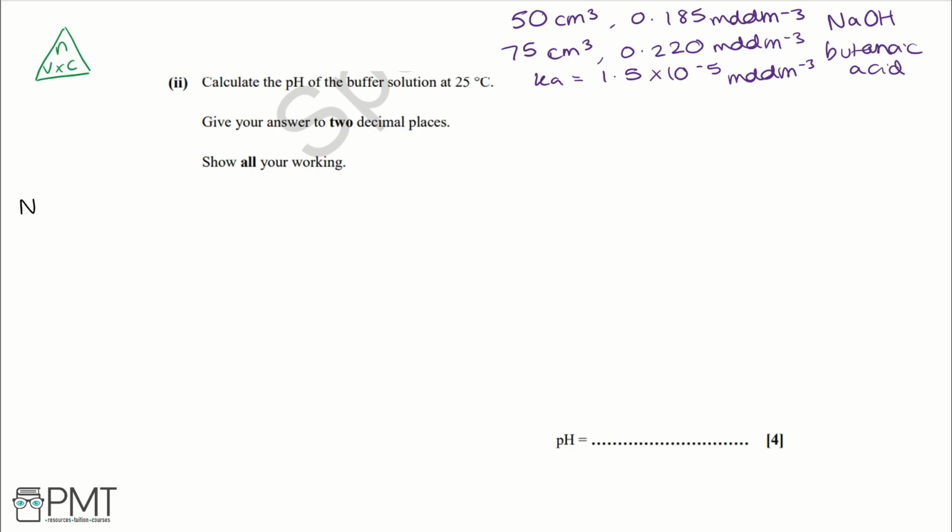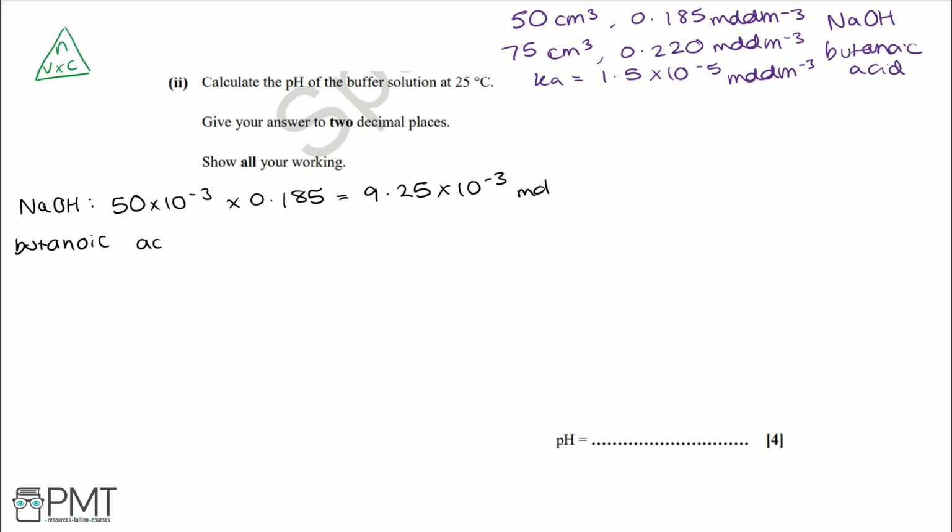So for sodium hydroxide, that's going to be 50 times 10 to the negative 3 times 0.185, and that equals 9.25 times 10 to the negative 3 moles. Then for butanoic acid, we're going to do the same thing but with different numbers.